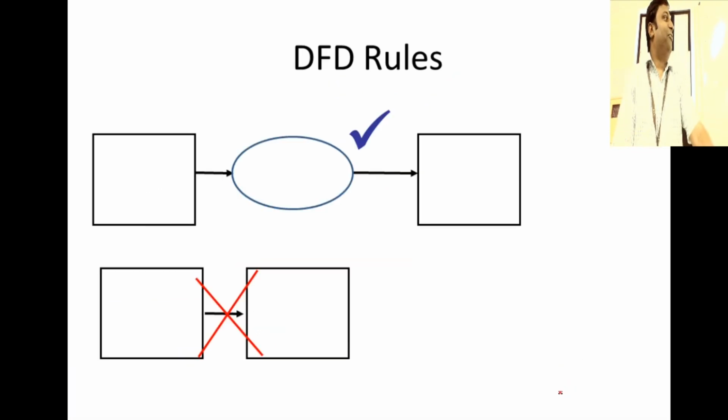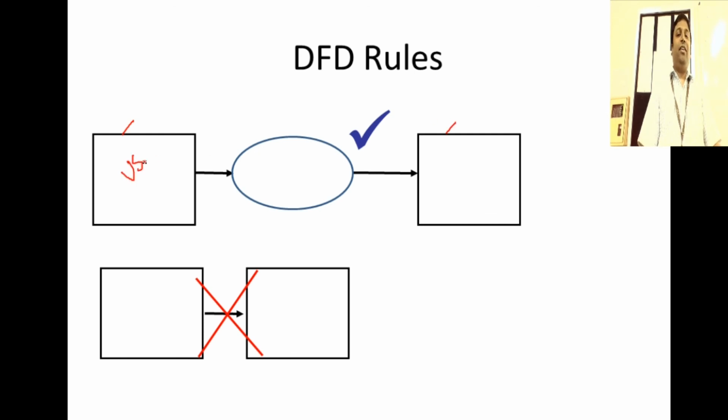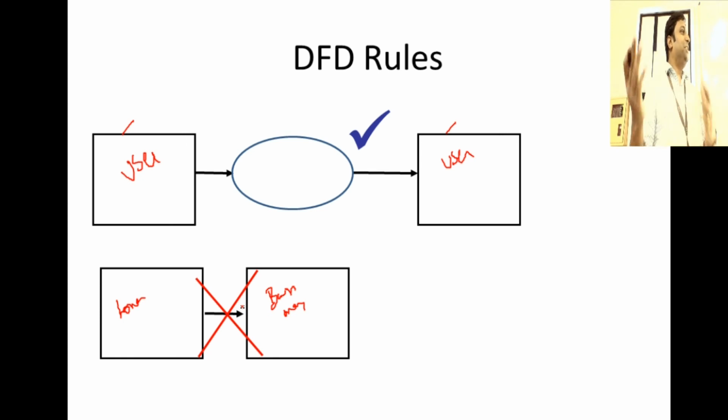Another very funny thing to explain, but let me explain this. Say this is an external entity, this is an external entity. Maybe a user here and another user here. Sometimes students model this, say loan officer and bank manager, in the DFD. The loan officer interacting with the bank manager outside the system is of no importance to us.